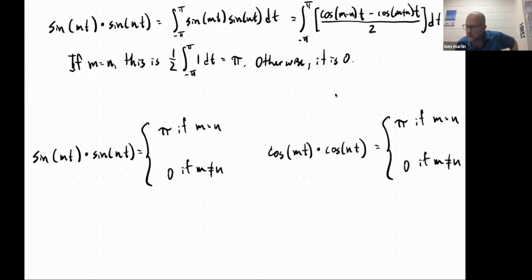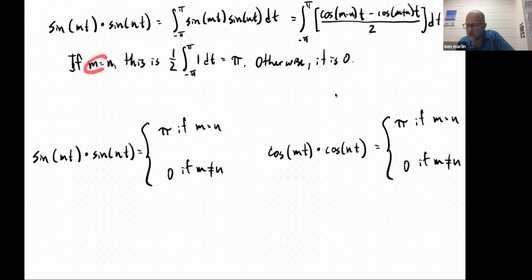So if m and n are different, then you have an integer difference and your integral of the cosine will turn out to be 0. The m plus n, because we're only talking about positive integers, is going to turn out to be a positive integer. You're integrating across a multiple of the period, so consequently you're going to get 0 out of this business here.